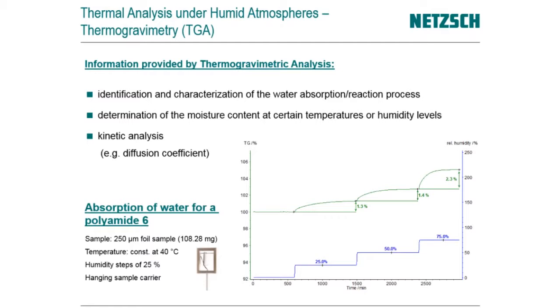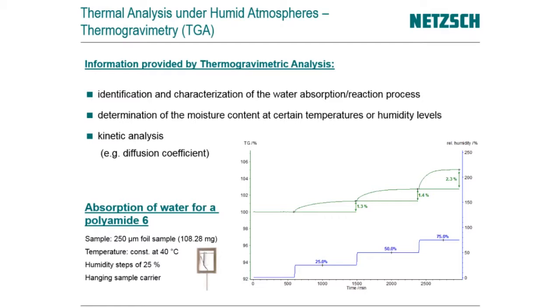What you see in the green curve is the mass change. On each step of the humidity, we get a response from the sample as the mass increases. This means the sample absorbs water, and the moisture content, which is the property which we in principle determine here, increases with the humidity content of the surrounding atmosphere.